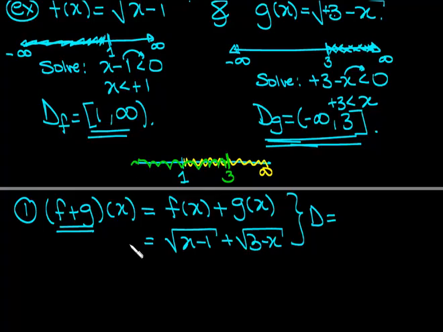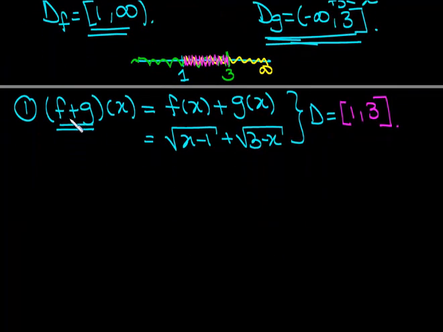So where do they overlap? They overlap right here in the middle. So the domain of this function is going to be 1 to 3. Those are the only values that are going to work, wherever they overlap.